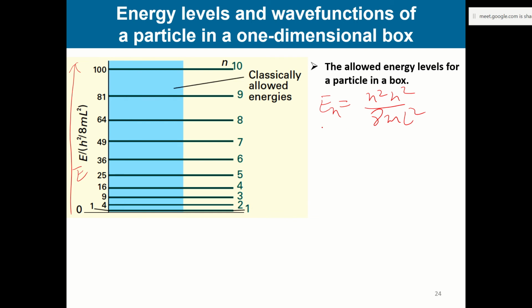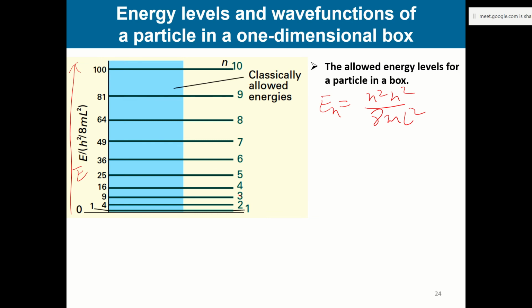You can put n and see how it changes. For n equal to 1, n square is 1; for n equal to 2 it will be 4, n equal to 3 it will be 9, 16, 25, 36, 49.